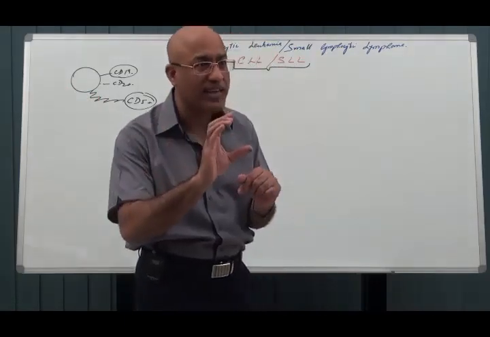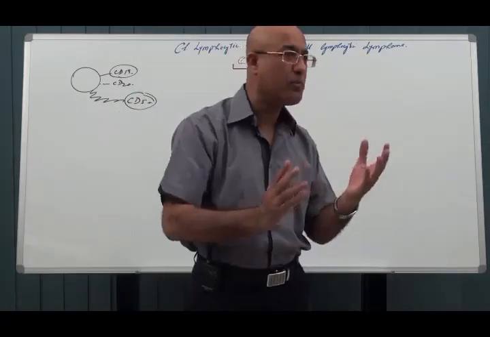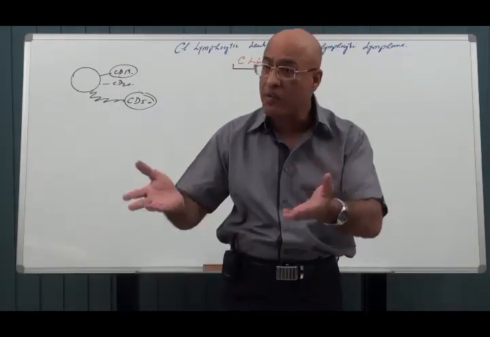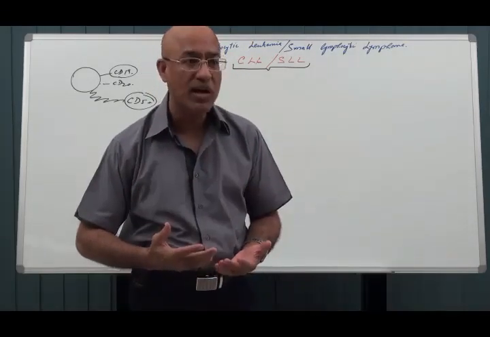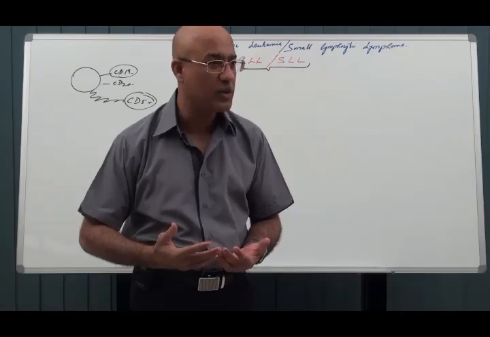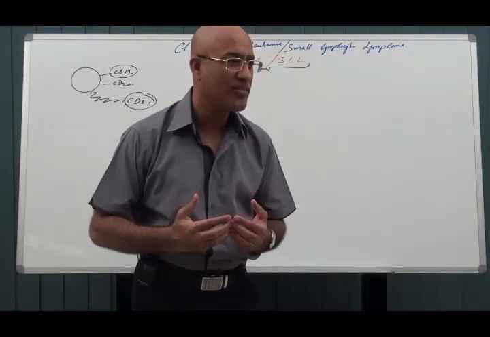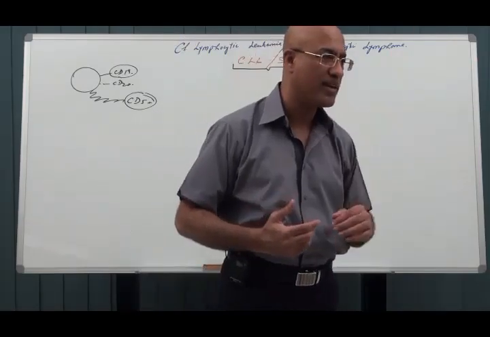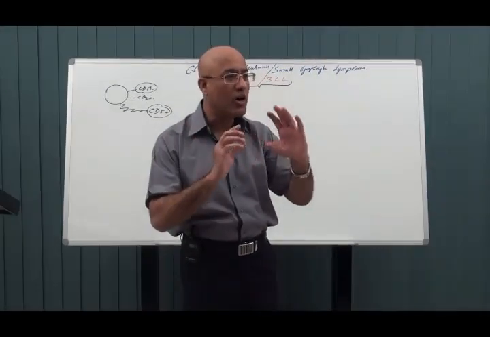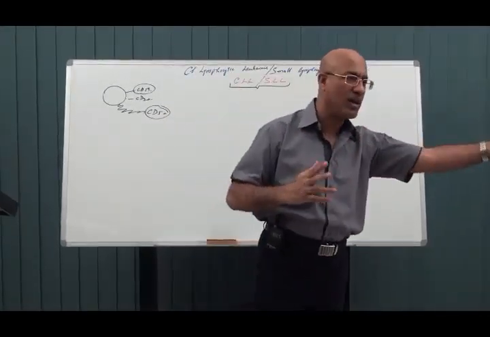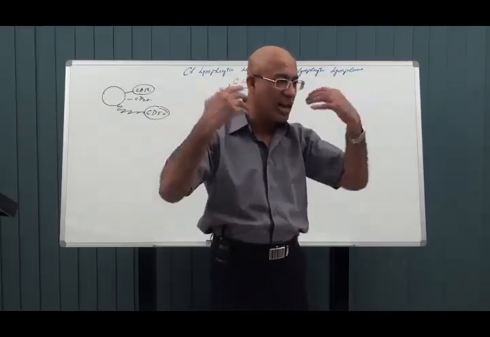So slowly dividing, immunologically incompetent, unable to respond to antigenic challenge and unable to serve us, but at the same time they are very resistant to the death process, cellular death, apoptosis. They are reluctant to die. They have a prolonged lifespan. So what will happen? Even though they are slowly dividing, because of their prolonged survival, they tend to accumulate in our body. They have a tendency to accumulate in our body.